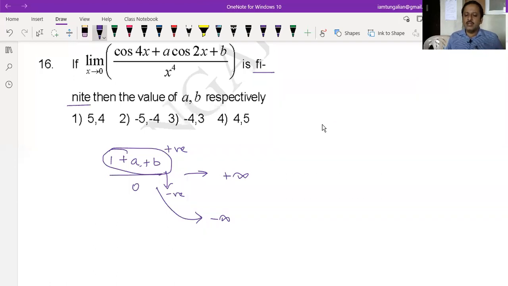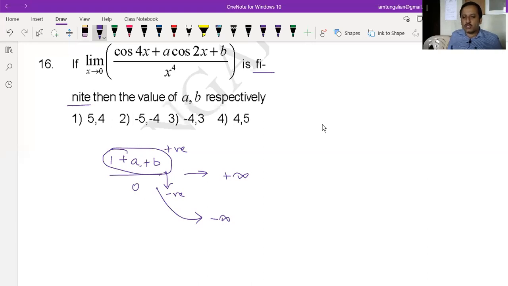So it is finite means this numerator cannot be positive and cannot be negative. Because if it is positive, it tends to plus infinity, and if it is negative, it tends to minus infinity. In both cases we get infinite, which we don't want, since they have already given that it is finite.